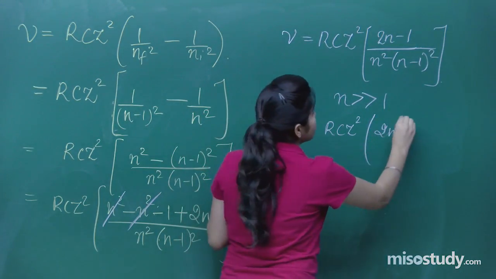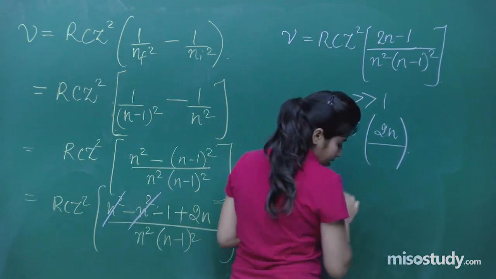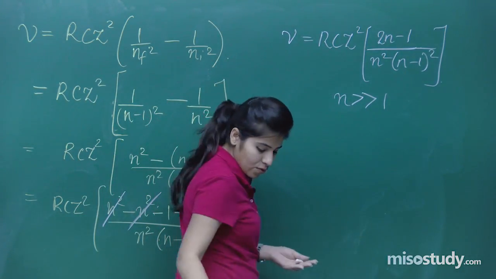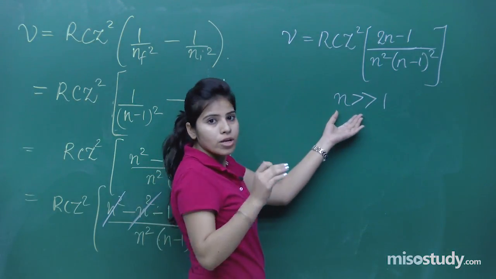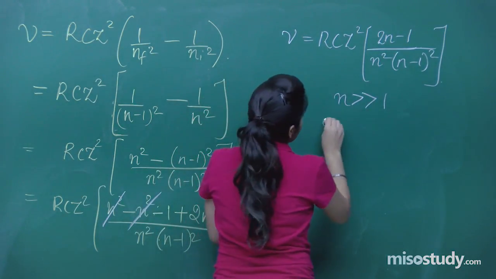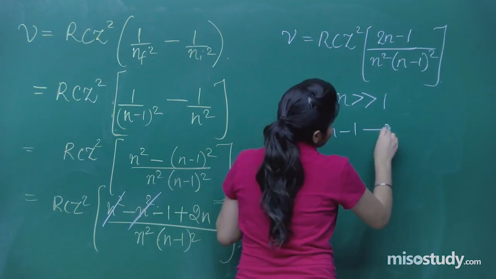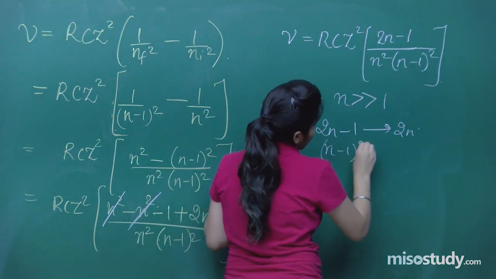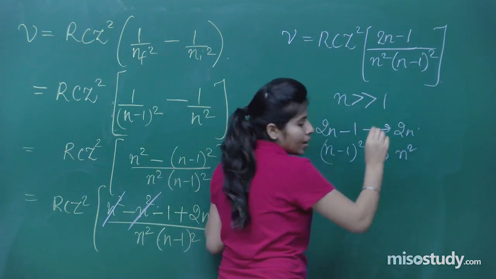So we will write nu equals RC(Z) square into 2n divided by, okay, let me first write, if we apply this situation, this 2n minus 1 will be converted to 2n and this (n minus 1) whole square will be converted to n square.